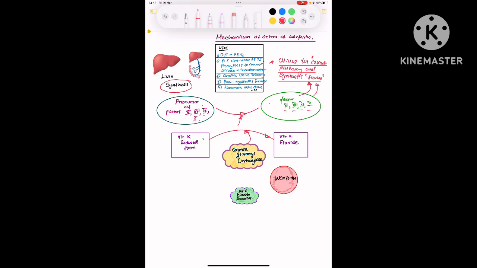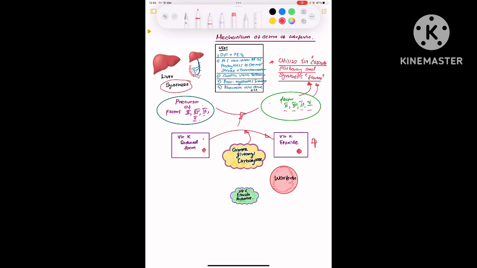You have to understand that this conversion of vitamin K reduced form to vitamin K epoxide is not a one-way reaction. It is happening vice versa also. When the vitamin K epoxide concentration becomes high, it gives us negative feedback.